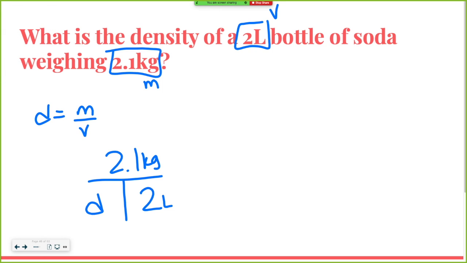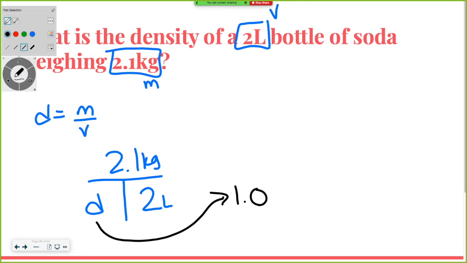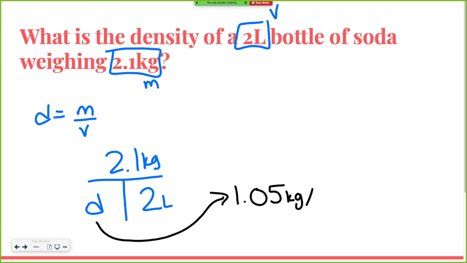So density equals 1.05. Does it continue on? No. And then it is kilograms per liter.